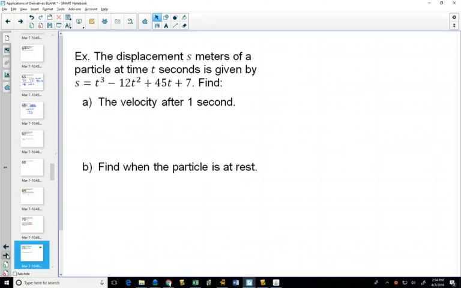So in this example, the displacement of a particle at time t seconds in meters is given by that equation. We want to find the velocity of that particle at 1 second. So again, we would have to find our velocity equation by taking the derivative.